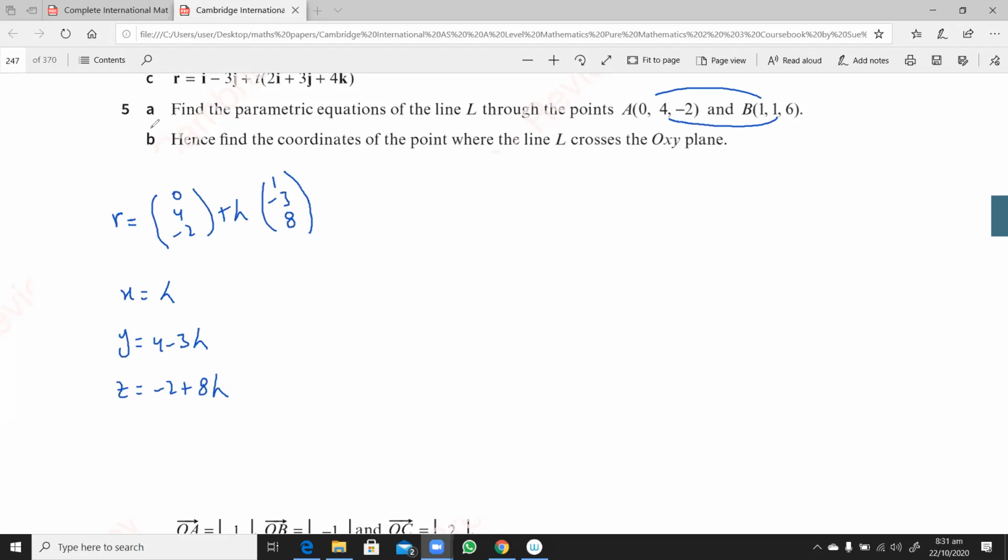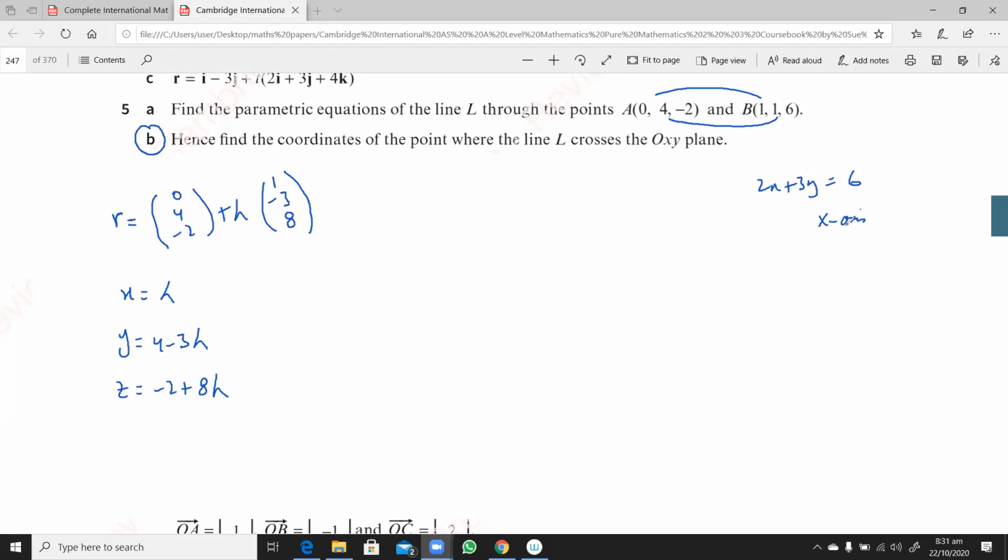It says, find the coordinates of the point where the line crosses the OXY plane. Do you remember in your coordinate geometry, suppose you have a line 2x plus 3y equal to 6, and you have to find the coordinates of the point where the line passes through the x-axis?